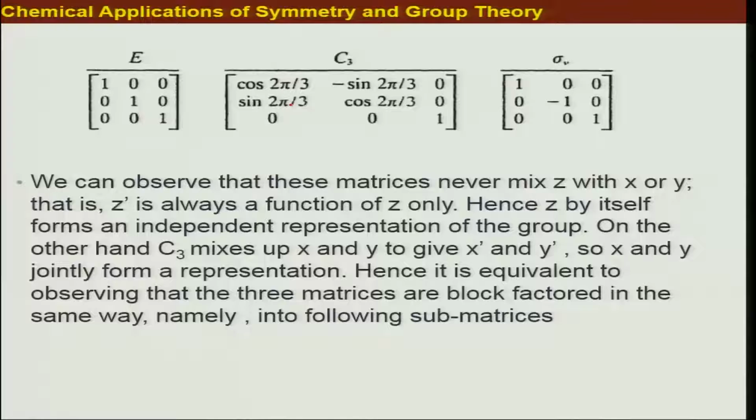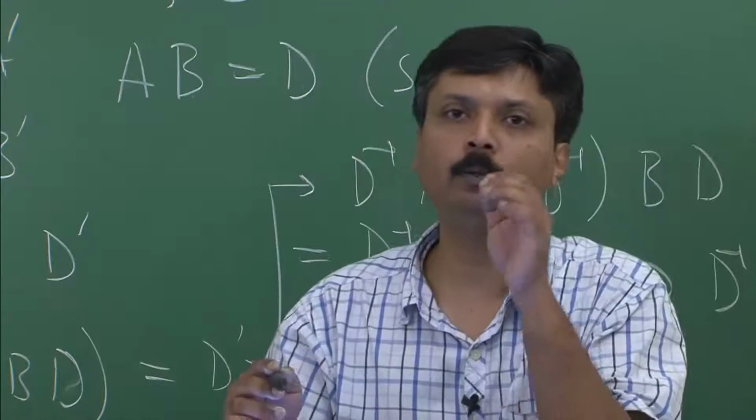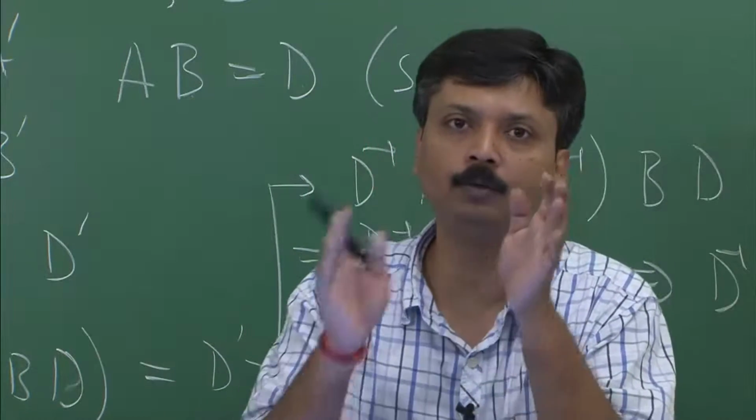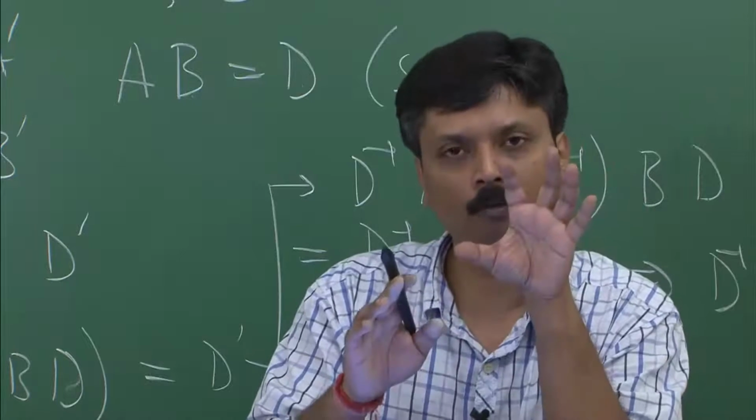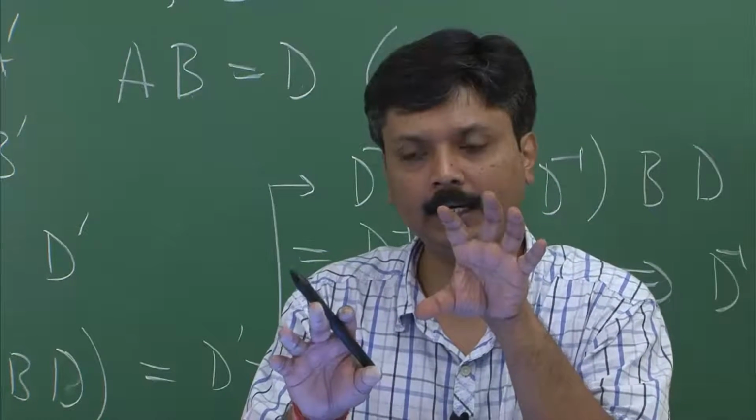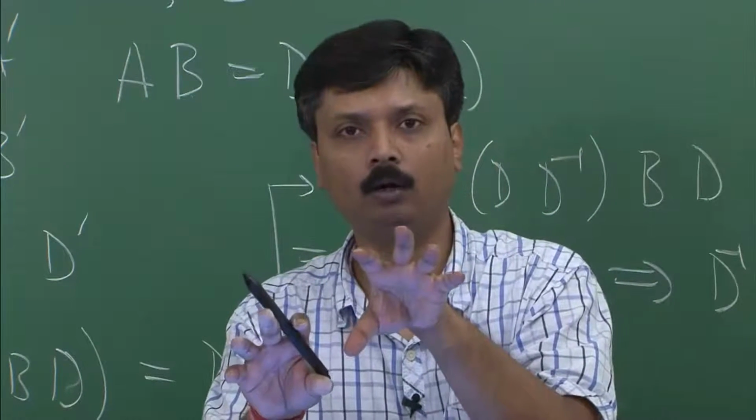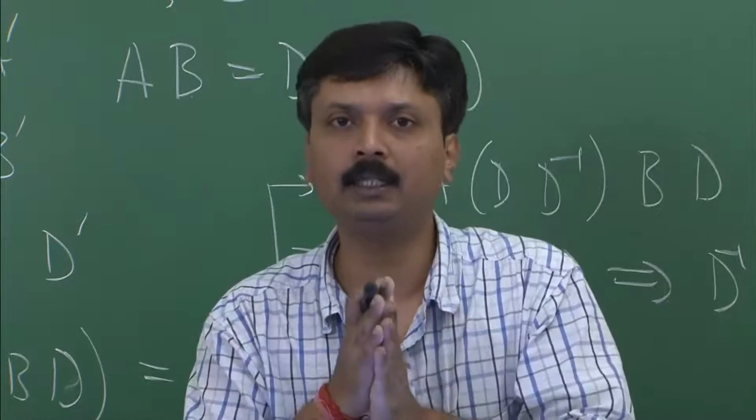X and y always transform together. Okay, so they always transform together to form a representation. So that's why when we form this matrix representation, if you remember, then we form for xy and separately z, and altogether we put all xyz and get this 3 by 3 matrix.